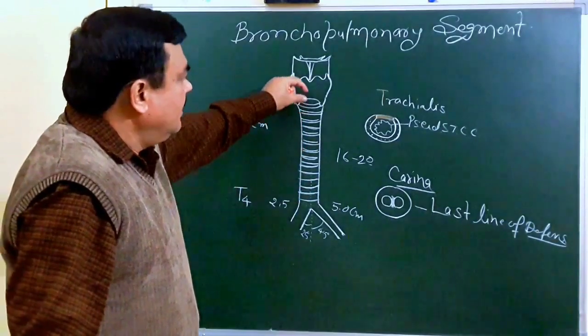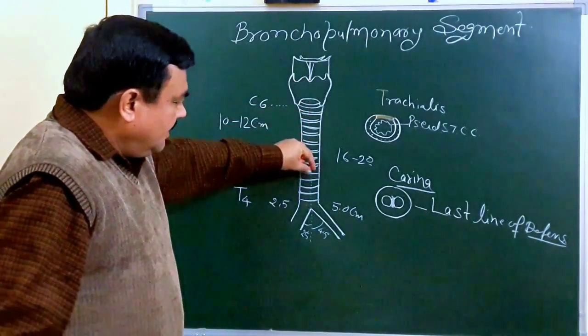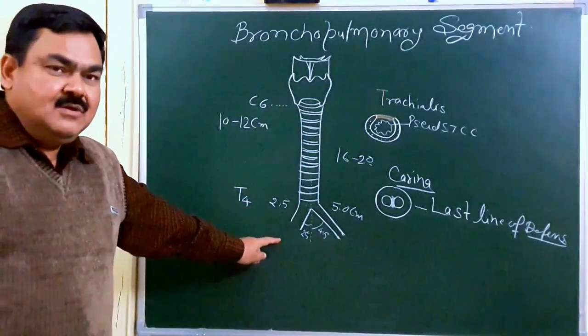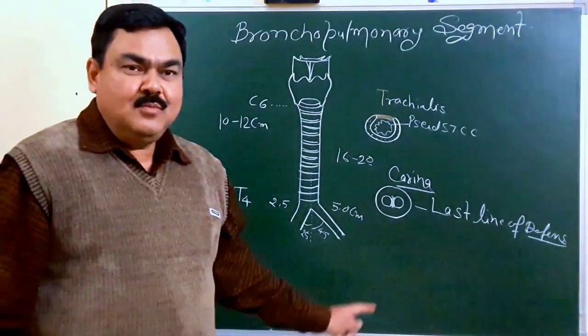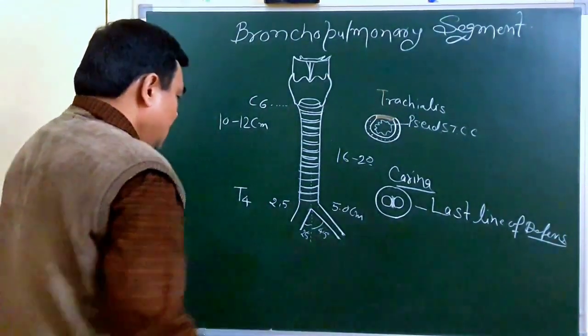Any foreign particle, if dropped here, easily goes to the right side. This is the reason why the right lung is more commonly infected in comparison to the left lung.